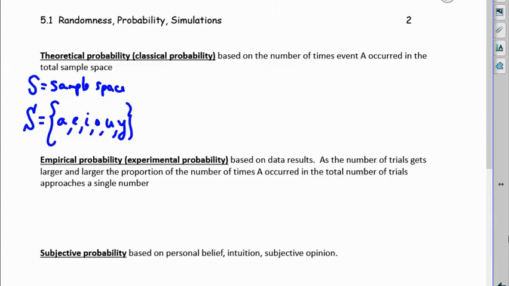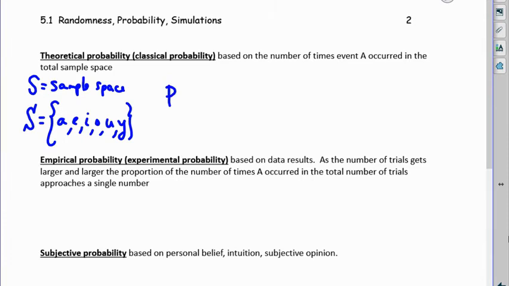If I wanted to ask what's the probability that somebody's name begins with an A, if I know it's a vowel, then I look at the number of times A occurs in my sample space over the total size of the sample space.